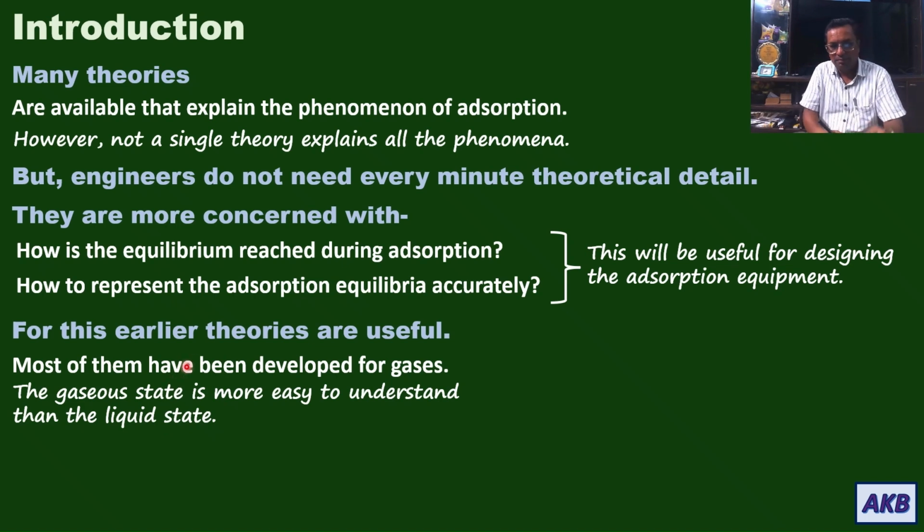So we engineers can use these theories for understanding how the equilibrium is reached, and for representing the adsorption equilibrium, because that will help us in designing the adsorption equipment.